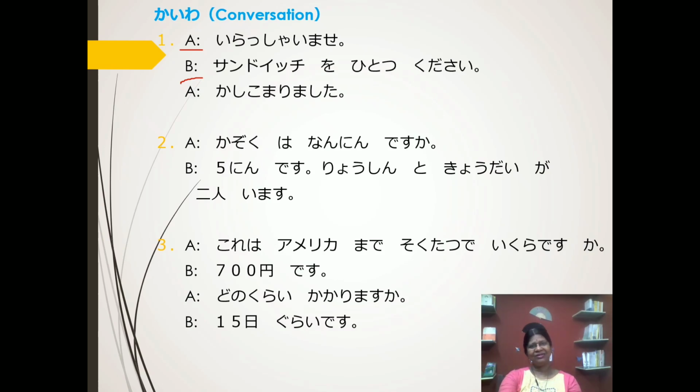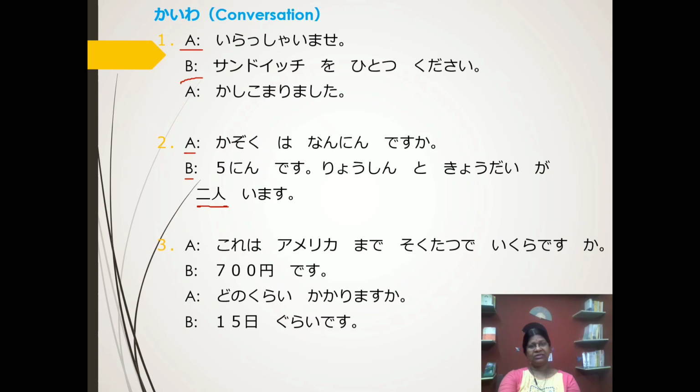Second, 2番 A さんと B さん。家族は何人ですか？5人です。両親と兄弟が2人います。2人。Once you learn the kanji, practice it in your study, so it will be easy to remember.